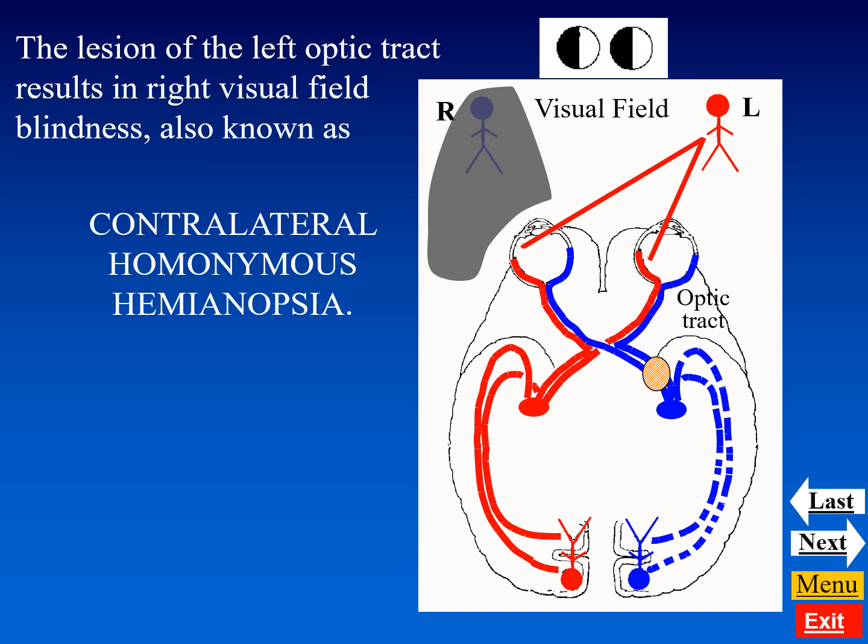So basically we have right visual field blindness, and the technical term would be contralateral homonymous hemianopsia, because it's the opposite side of the lesion. Homonymous because it's the same visual field. The term in the previous one was heteronymous because there were two visual fields involved, right and left.